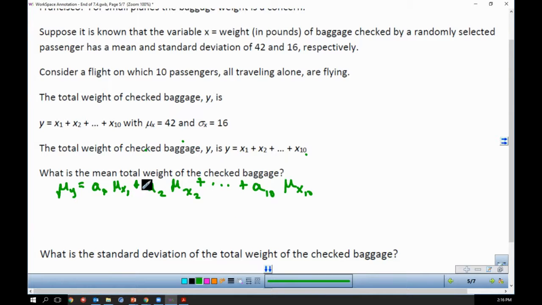Now, everyone's by themselves, so if you notice, there's nothing in front of the x's here. So all these a's are just ones. We don't need them.